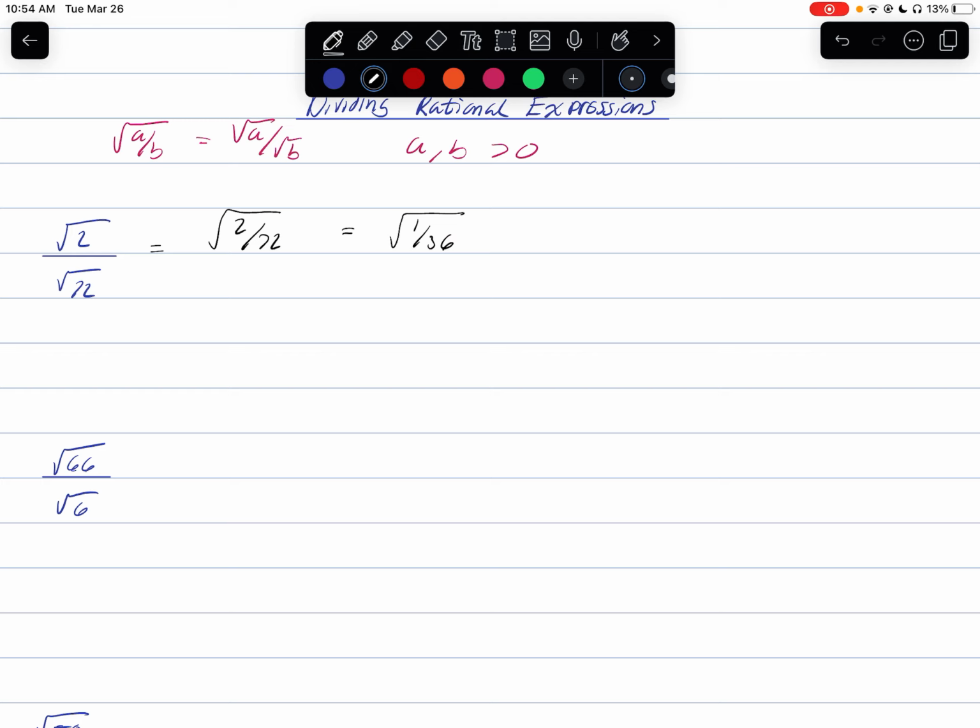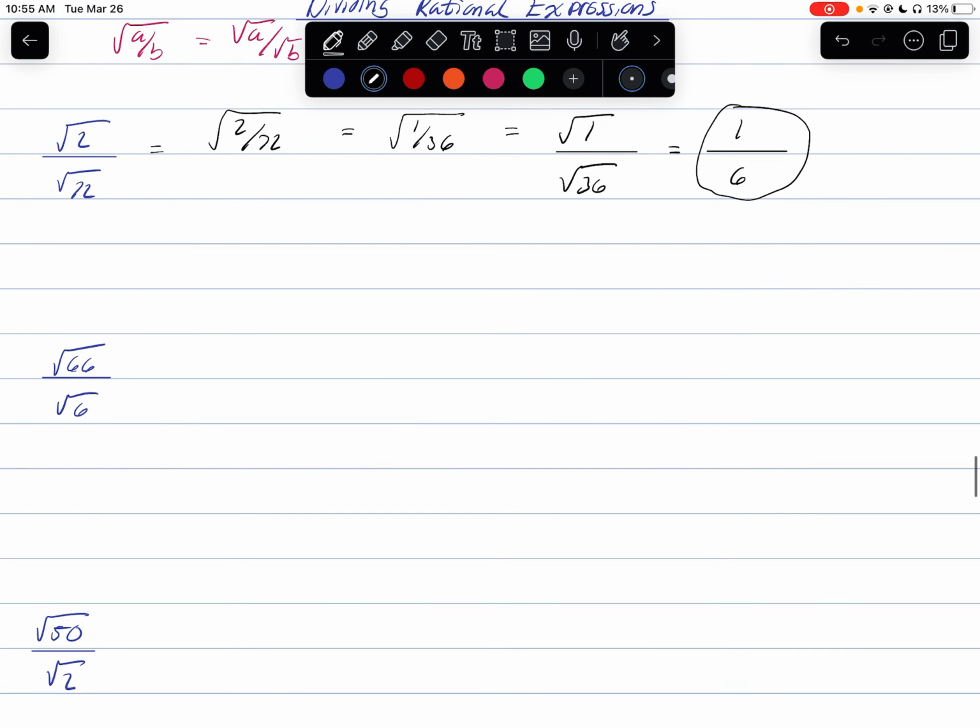These are both perfect squares, so we can put this back into the form of the square root of 1 over the square root of 36. The square root of 1 is just 1, and the square root of 36 is 6. So our answer is going to be 1 over 6.